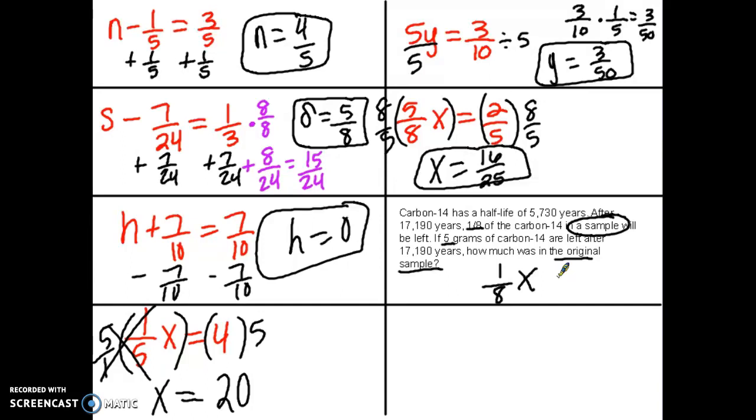If 5 grams are left, so 1/8 times the sample equals 5, how much was in the original sample? So 1/8 x equals 5. Remember, if you have a coefficient of a variable that's a fraction, you're going to multiply by the reciprocal. And 5 times 8 is 40. There will be 40 grams left.